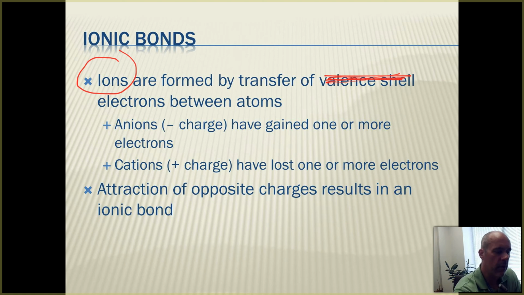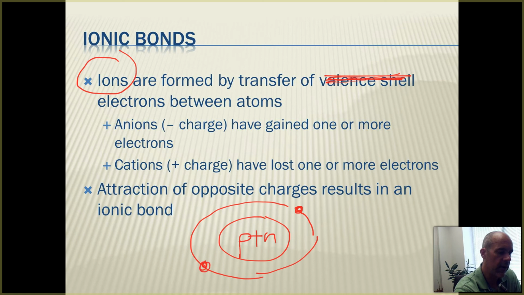All right, so when we did the lecture on atoms and molecules, I mentioned in the nucleus of an atom, you have protons and neutrons, and then surrounding the nucleus, you have electrons, E, orbiting the nucleus. And remember we said electrons have negative charges.